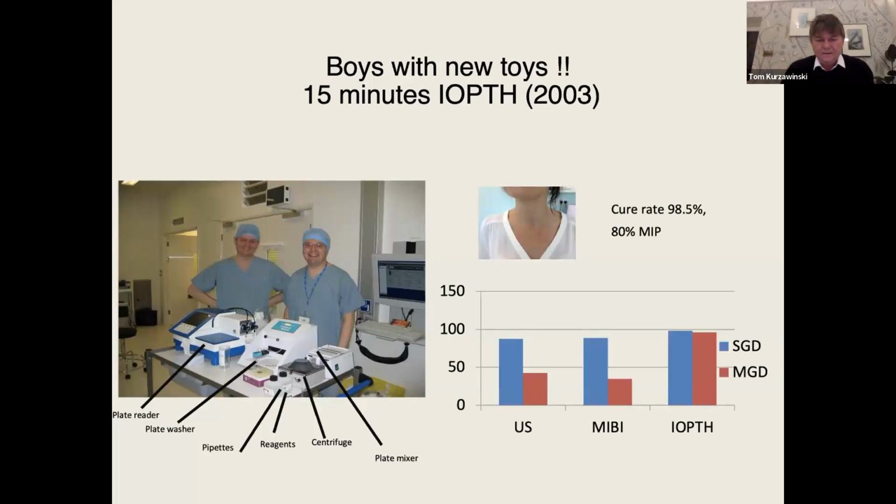You can see, because this is the same graph I showed you at the very beginning, that ultrasound and MIBI accuracy in identifying abnormal glands is about 80%, but IOPTH always performs better than any of these tests or a combination. And it is very good, not only for single gland but also for multi-gland disease. That we found very reassuring.